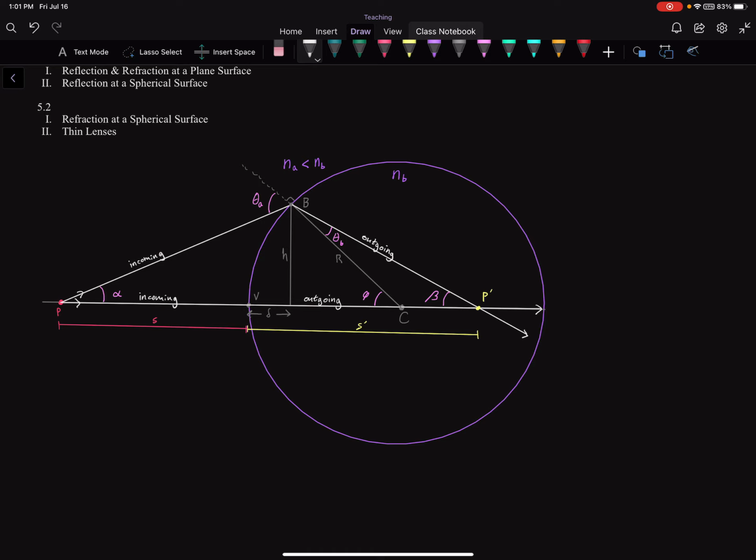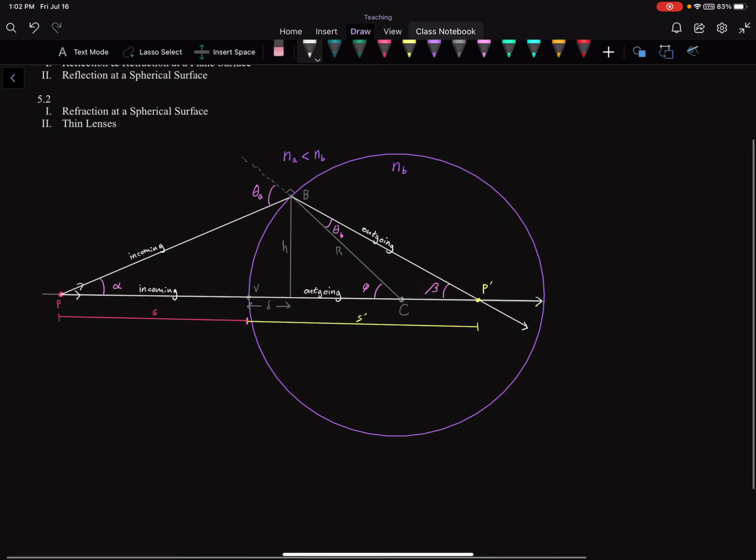So let's go through them. So the first one, and you can reference back when we talked about this, if you wrote them down, the first one has to do with object distance, right? So the object is on the same side as the incoming rays in this picture, so the object distance is positive. So you have positive object distance.